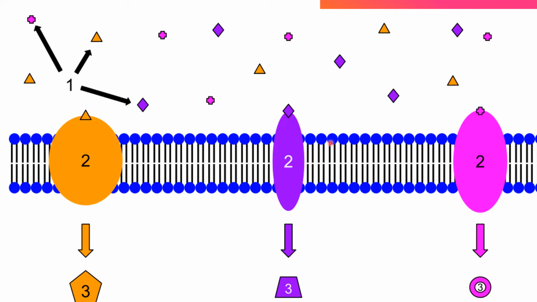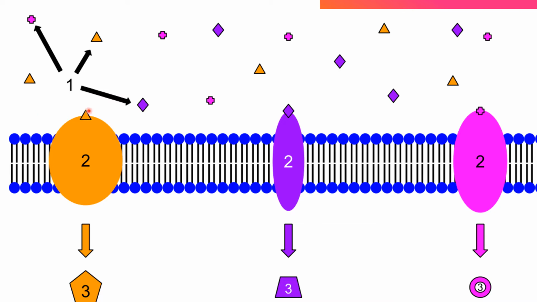Typically, the receptors are made up of proteins, and again, they are embedded in the cell membrane. In this particular example, although there are many different ligands located outside the cell, the membrane proteins are specific, and only certain ligands will bind to each one of them. That is why each protein has a different ligand and also induces a different cellular response.